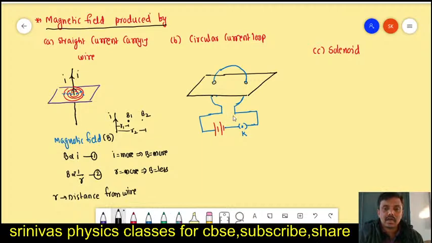This is the positive terminal, this is the negative terminal, connected to the battery. The current flows like this, right? I want to draw the field lines here.